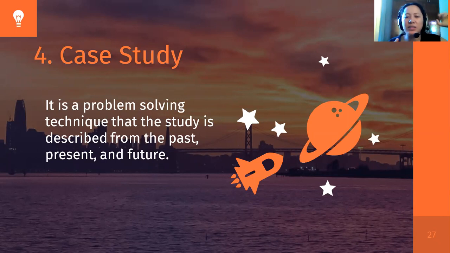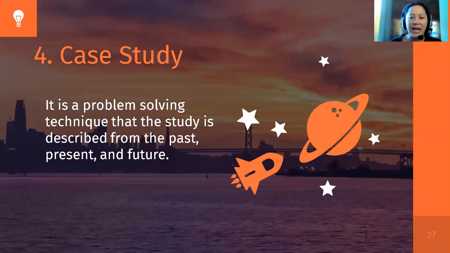Again, this is the combination of the historical, the descriptive, and the experimental, because first you need to gather the history of the case. Then second, you need to observe the present of the case, and then you have to experiment or make an adjustment in order to resolve the case.